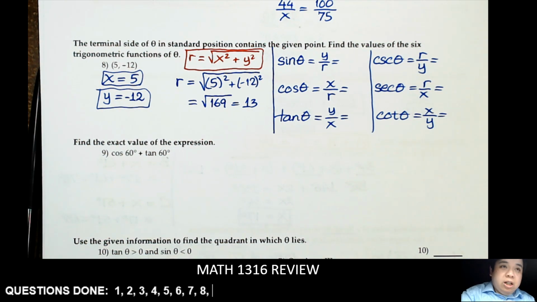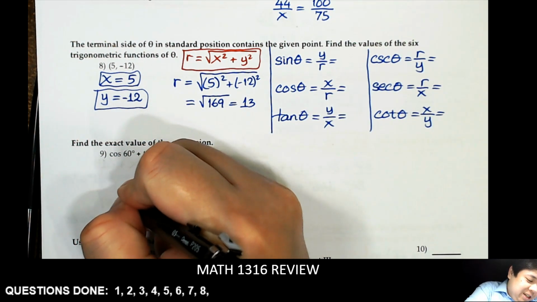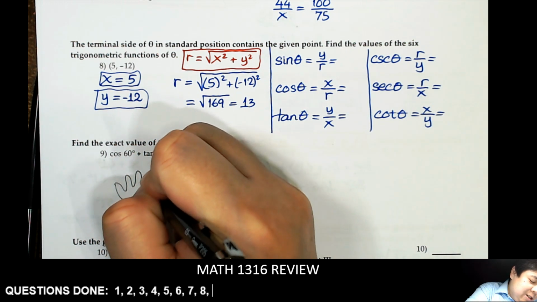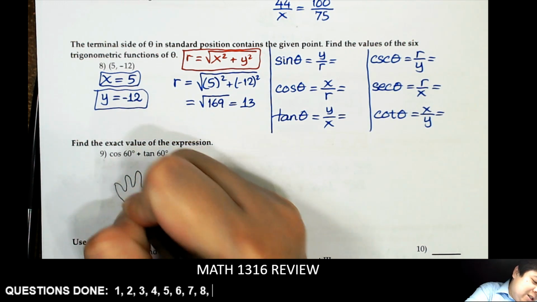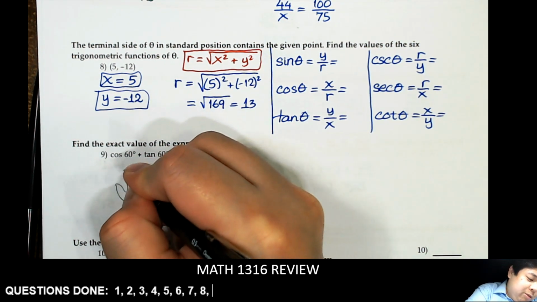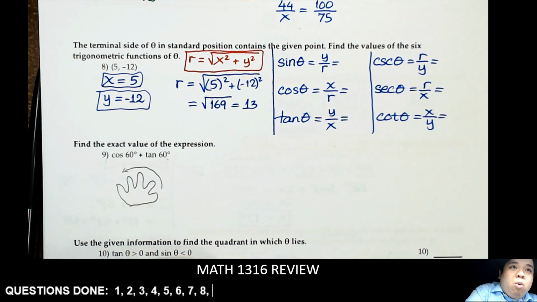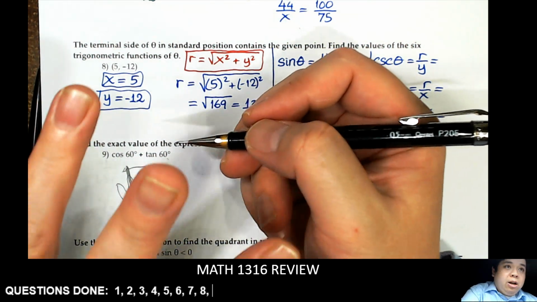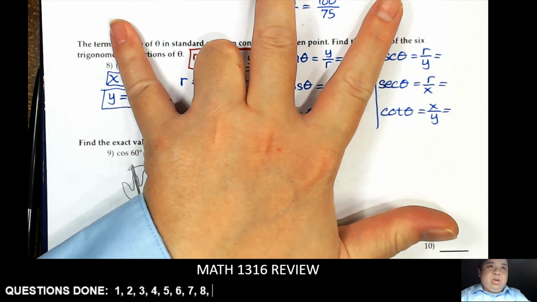So I'll draw it. We have a hand here. For 60 degrees, we go counterclockwise 60 degrees, so we're going to cover that angle. So it will be like this.